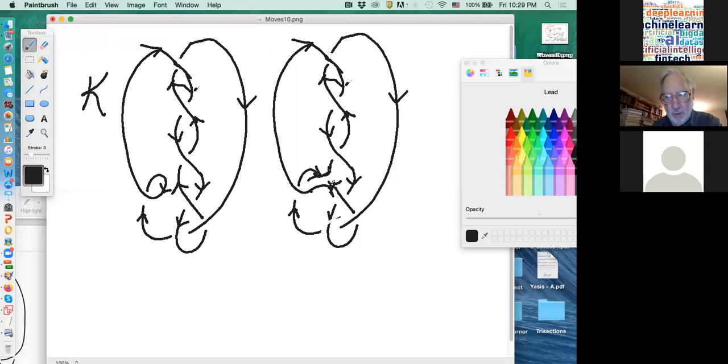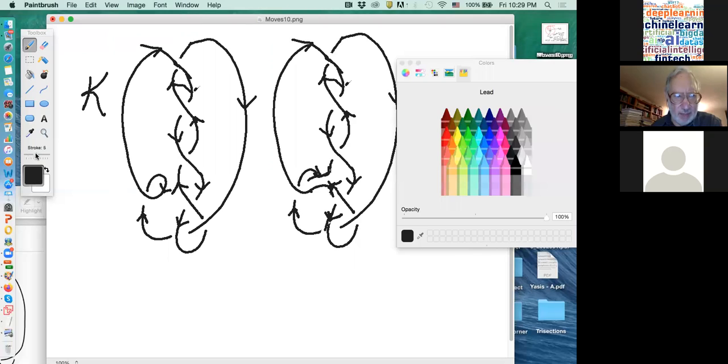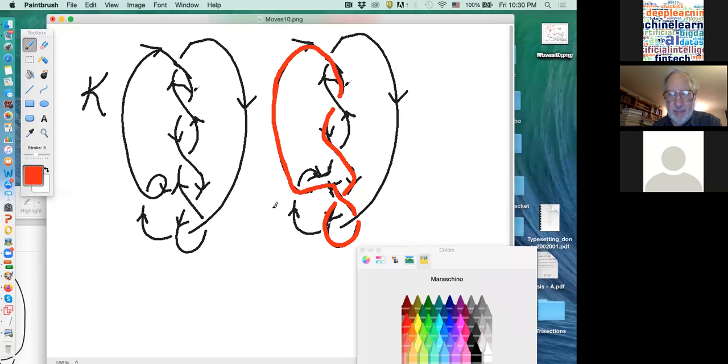Now we need to see the components that we got again, like we did in the case of the trefoil knot. So let me thicken that a little bit and take it in red and trace a component. Okay? It's unlinked.